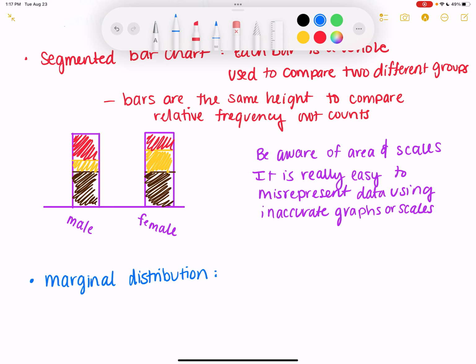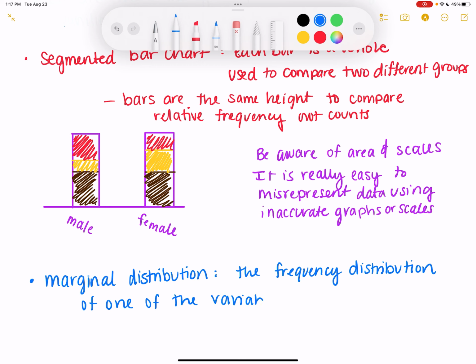A marginal distribution is the frequency distribution of one of the variables from the margin of a contingency table.